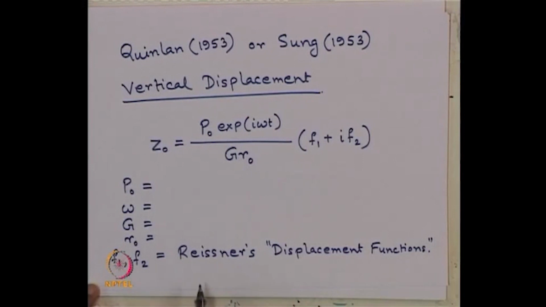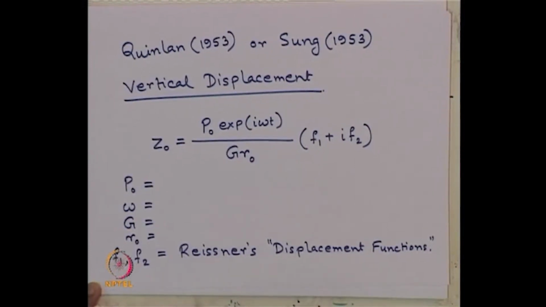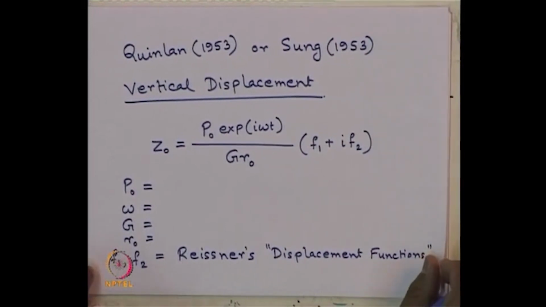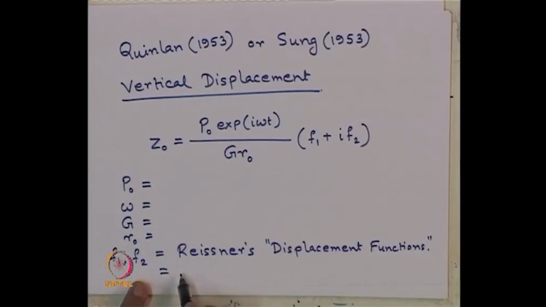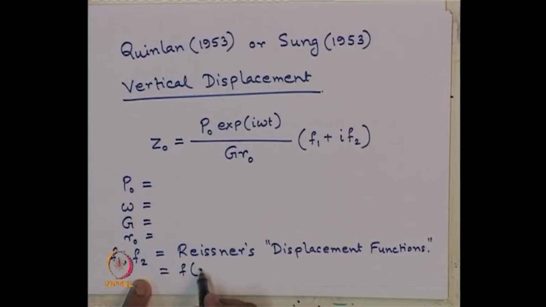Now, how to get this Reisner displacement function? Reisner has already given this displacement function in the form of a design chart. So, these are available with us. We will discuss this shortly, and it is found that f1 and f2 are nothing but some function of two parameters. One is Poisson's ratio, and another term Reisner has defined, a naught.